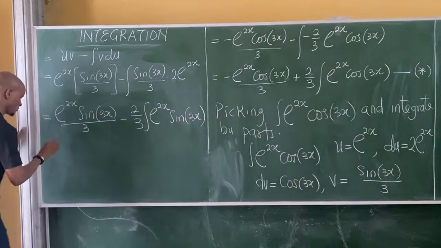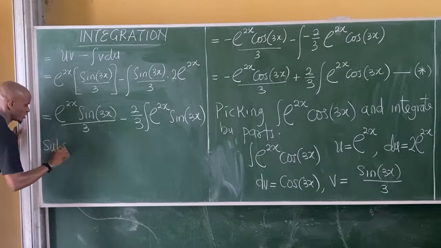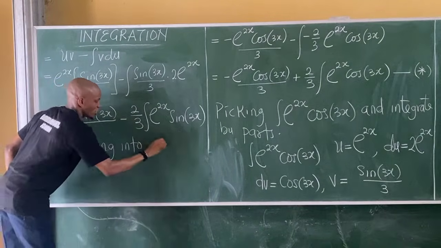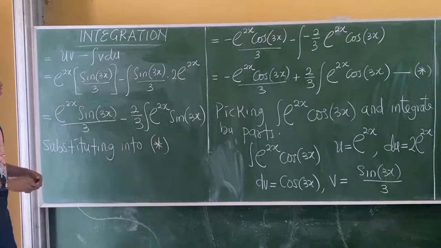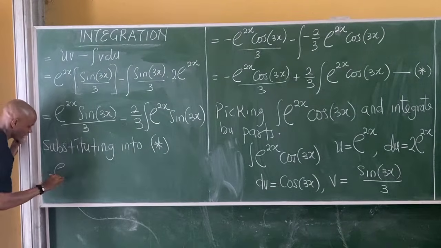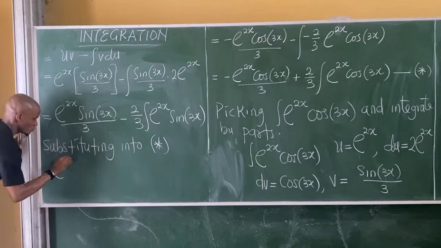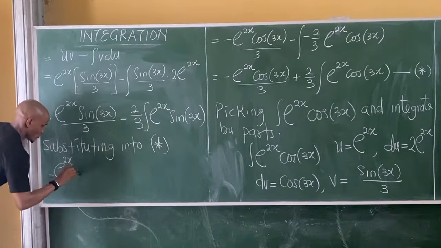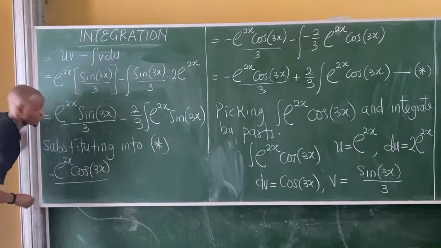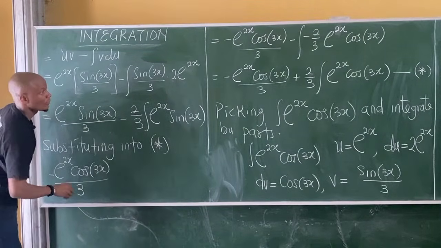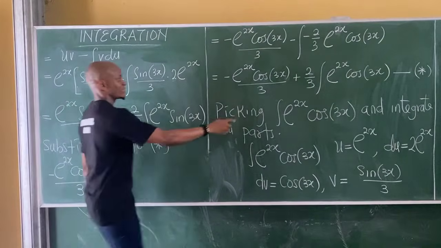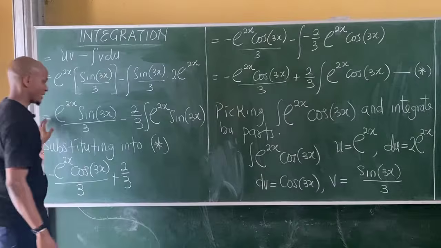So substituting into equation asterisk. From equation asterisk, I had minus exponential 2x cos 3x all over 3, plus 2 over 3 times this.